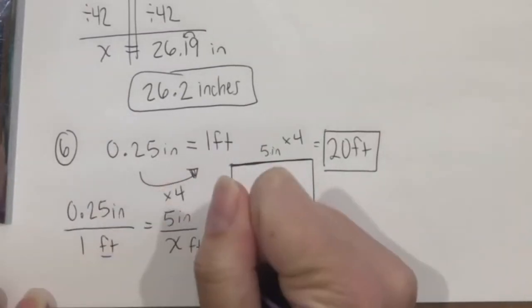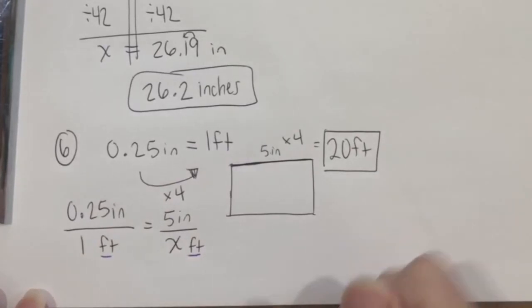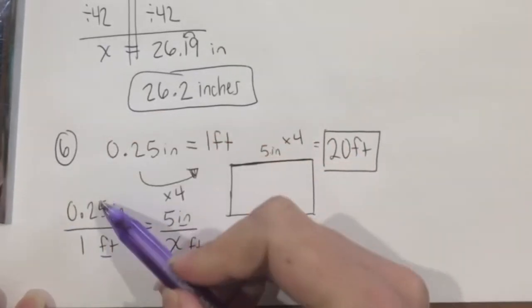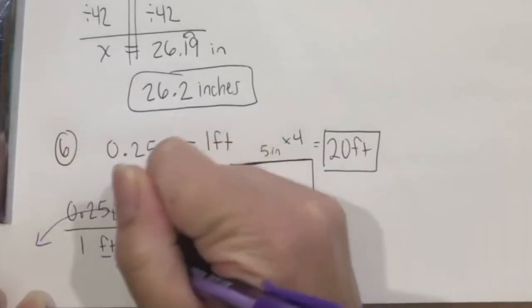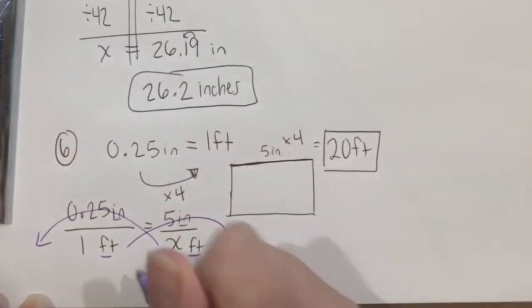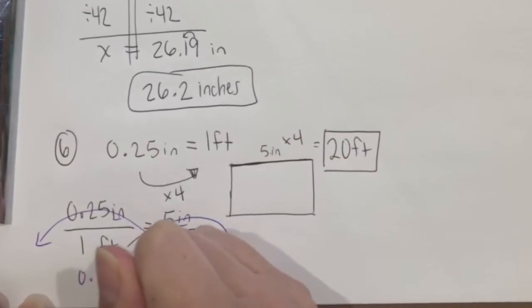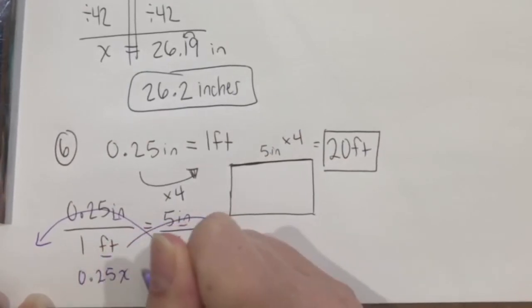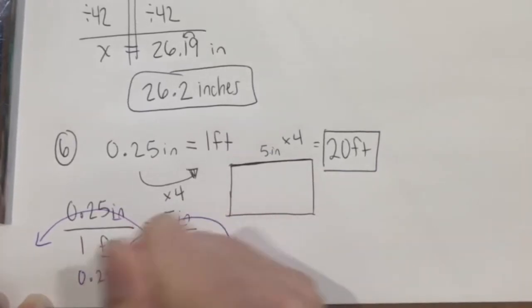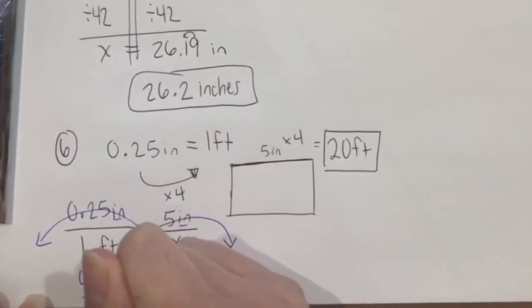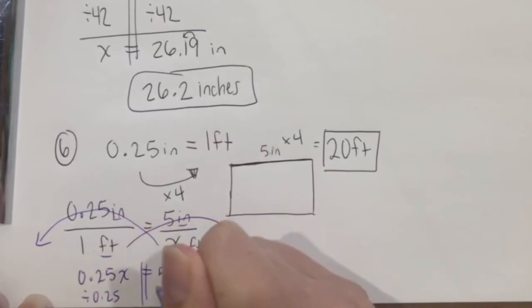Notice how the feet are both on bottom and the inches are both on top. So it's same corresponding. Then we cross multiply and we would get 0.25x is equal to 1 times 5 is 5. And then of course we divide by 0.25 to both sides.